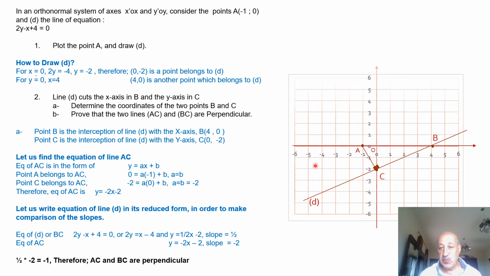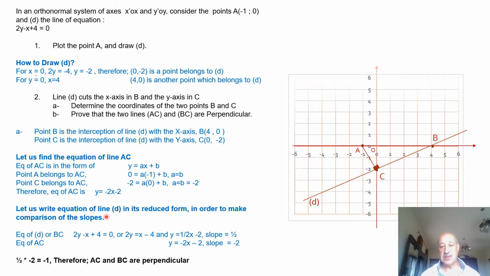So in order to prove that AC and BC are perpendicular, the product of their slopes must be equal to minus 1. So the slope of AC times the slope of BC, or D, is equal to minus 1. So let's write the equation of line D in its reduced form in order to compare the slopes.